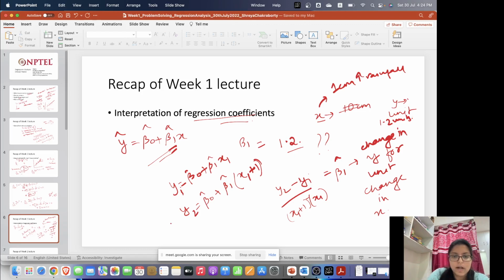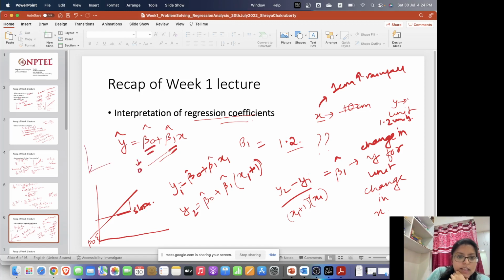And this one, beta naught, if we visualize it like this, is the intercept, and beta 1 is the slope. Now there could be situations where, let's say beta naught is 0.